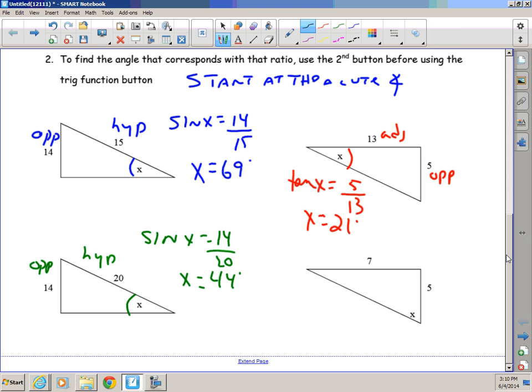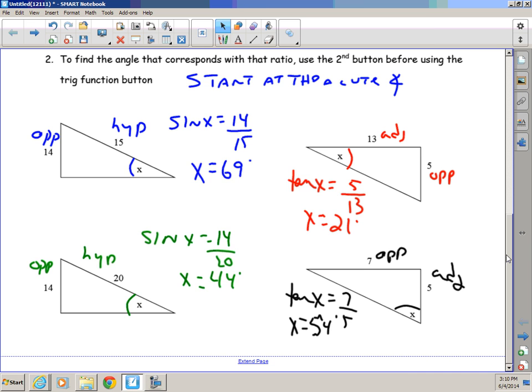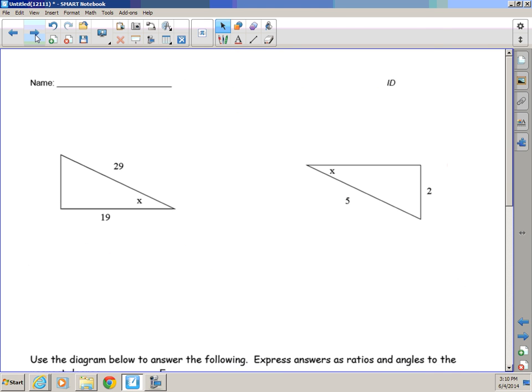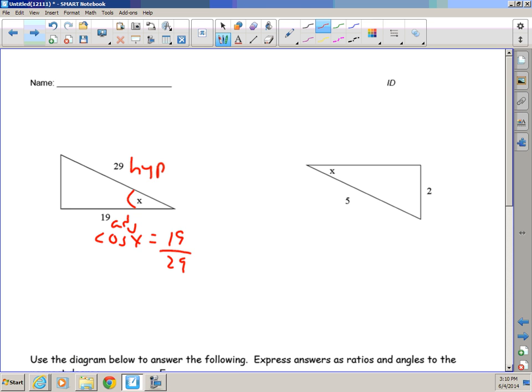And then starting here, we have opposite, adjacent, tangent of x is equal to 7 over 5. X is 54 degrees. Going to the back, we have adjacent, hypotenuse, cosine of x is equal to 19 over 29.